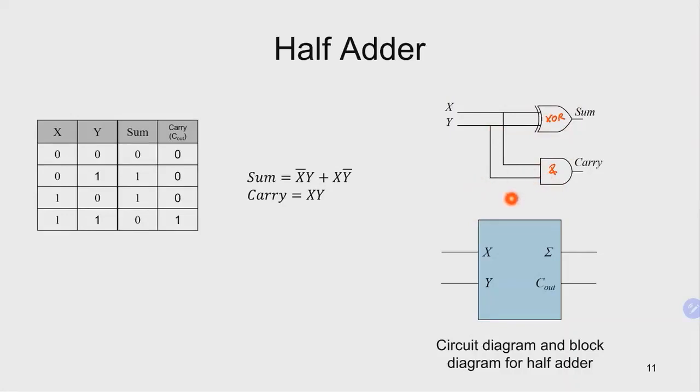And this circuit, or this digital circuit, can be combined into a block, something like this: two inputs, X, Y, and then two outputs. One is the sum, and the other one is the carry. So the sum here, and then the carry. We call this output Cout.